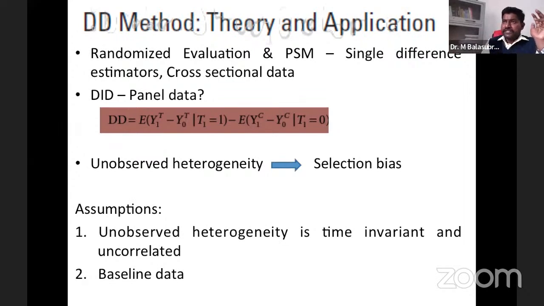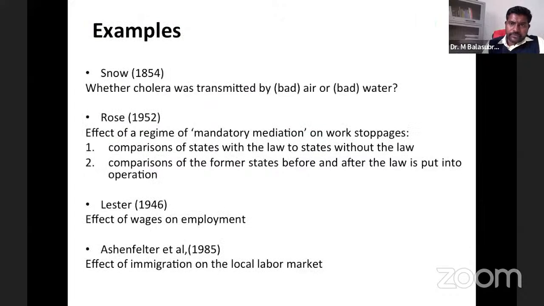The baseline data serves as a fundamental tool to compare the two groups, either the control group or the beneficiary group, the treated group, whatever it is. So the baseline data is foremost needed here. If the assumption does not hold and the baseline data is not there, there may be a chance, but we have to use another method. That is what the reviews say, from those who applied it and have done it empirically successfully.